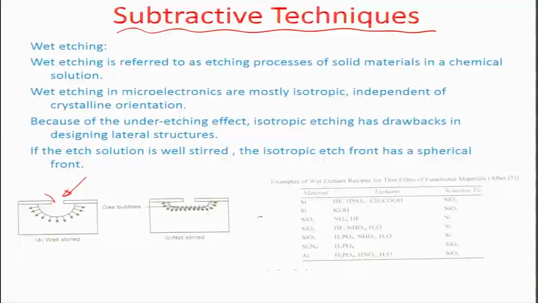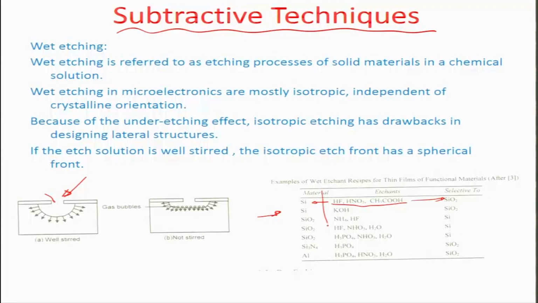So, you should have for every chemistry that you are using a selective layer and a material layer, and this is how it has been illustrated here. The different etchants used, for example, a combination of hydrofluoric acid, HNO3 and CH3COOH, can work on an etch material silicon, but whenever there is SiO2, it becomes very selective to it and stops the etching process.